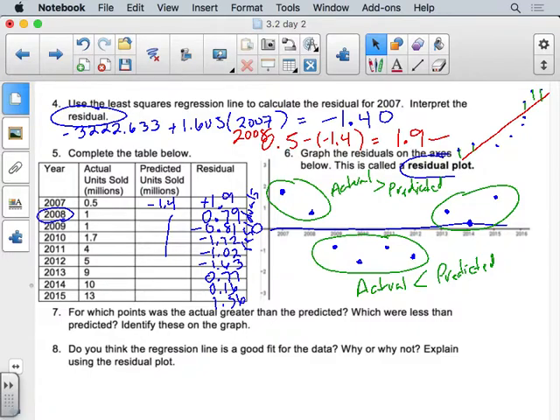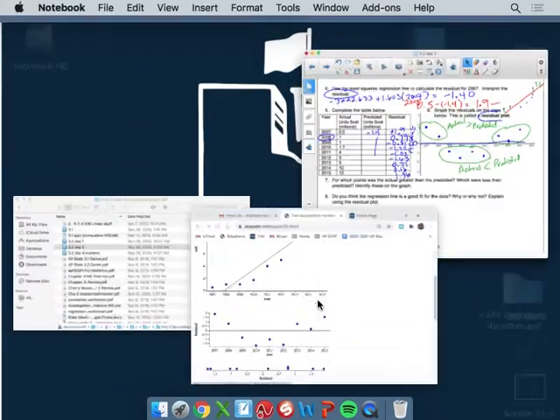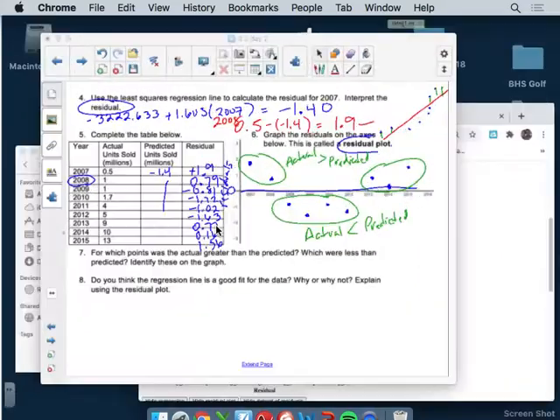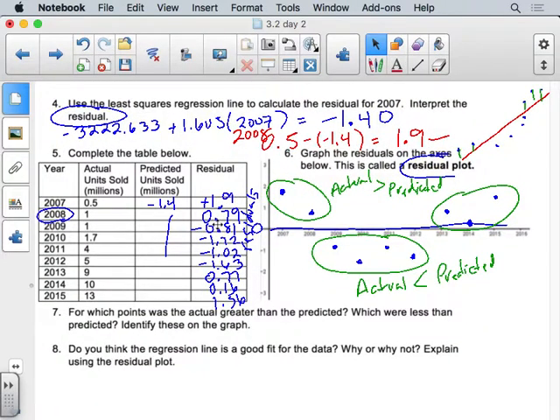So you come here, we're on our Staplet, and you're using negative 3,222.632 plus 1.605 times 2008, and you get 0.207. So if you're not getting those values, it's your calculator.